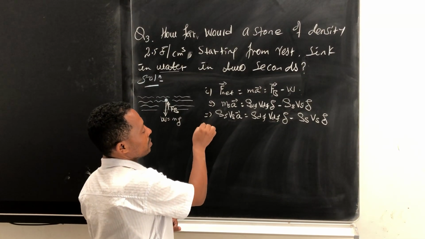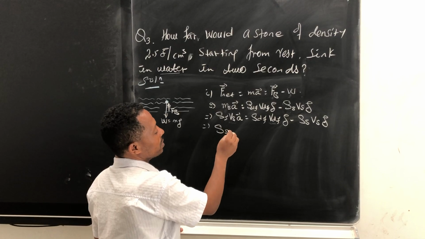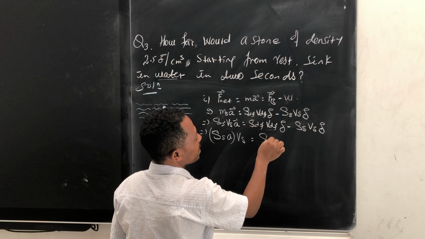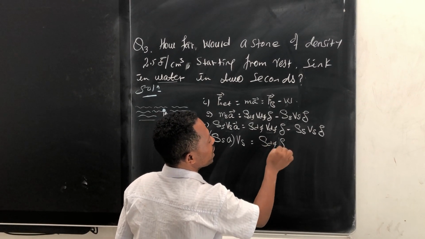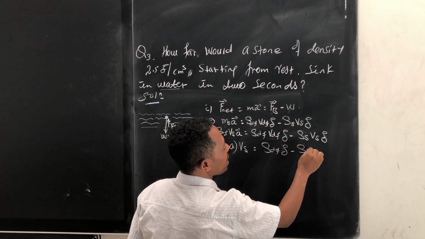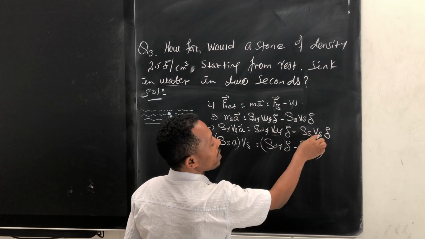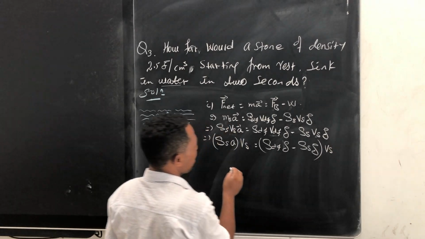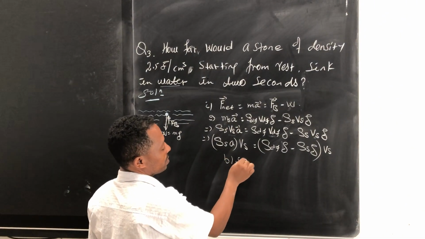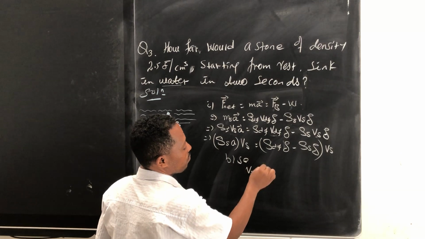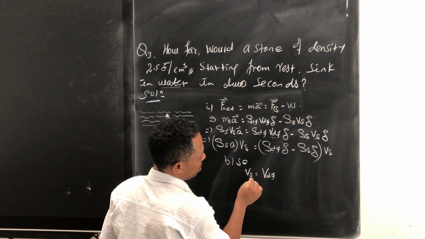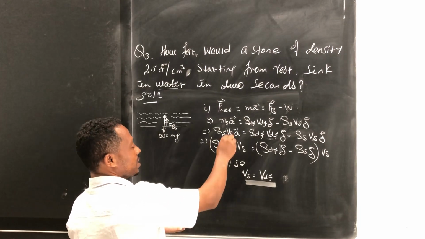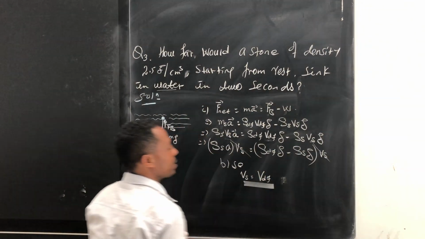Hence, the density of the stone times a times the volume of the stone is equal to the density of the displaced fluid times g minus the density of the stone times g, taking out the common volume of the stone. Why? Because the volume of the stone and the volume of the displaced fluid are equal. And then just cancel it from both sides.